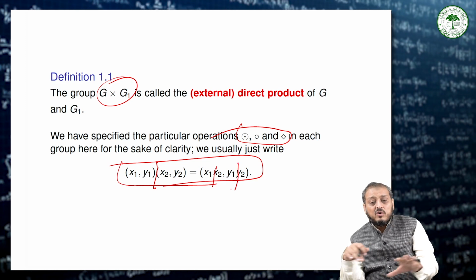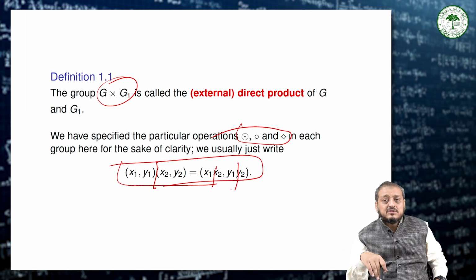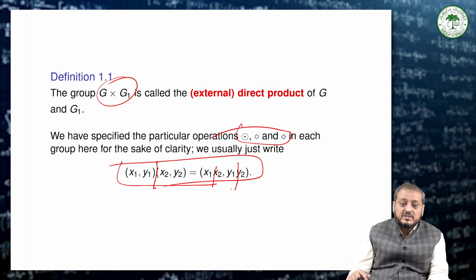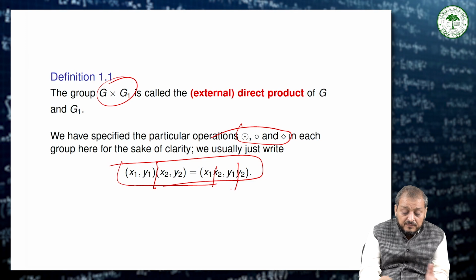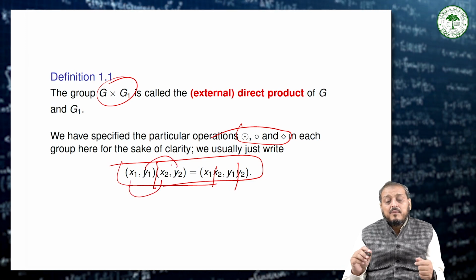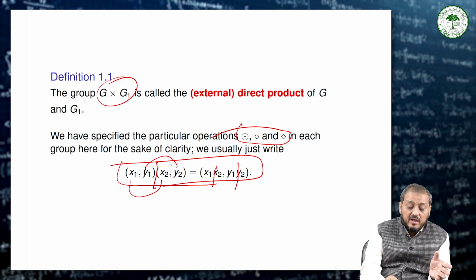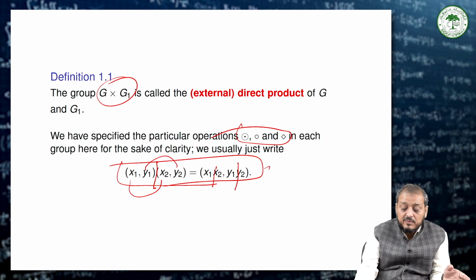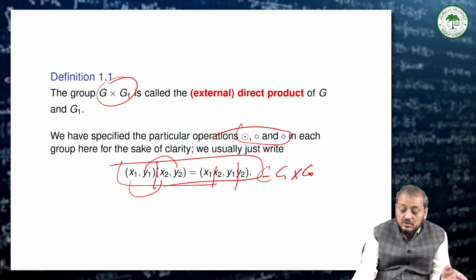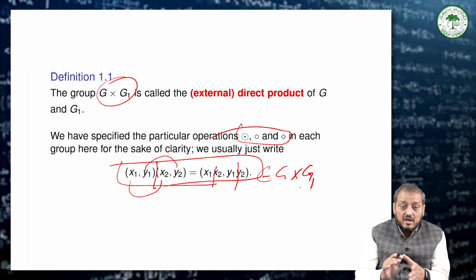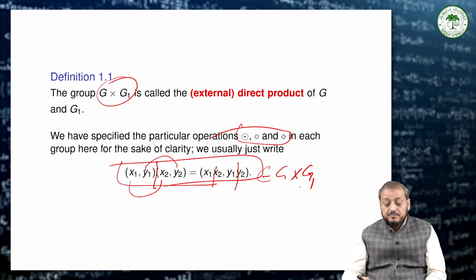Similarly, we do not mention every time these three different binary operations, so for simplicity I just write a product. This simply means a component-wise multiplication: (x1 x2, y1 y2), which is an element of G cross G1, using the Cartesian product.